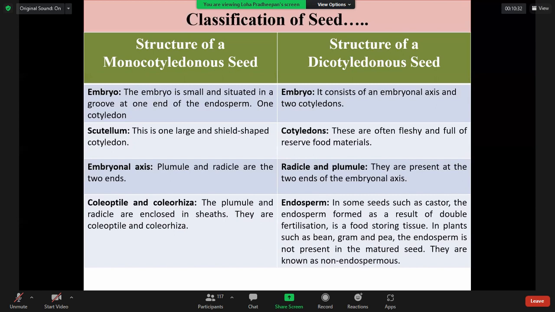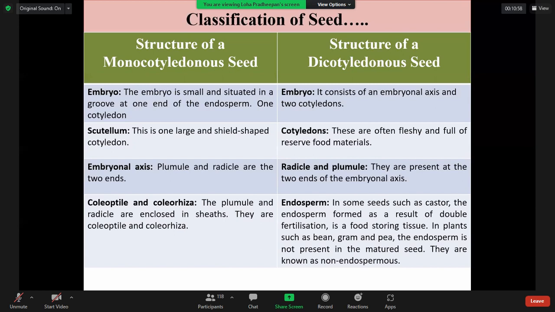So this is the main way we can classify, based on the presence of cotyledons, into monocot and dicot. This is the structure, the longitudinal cut. This is the dicot seed, and this is the monocot seed.